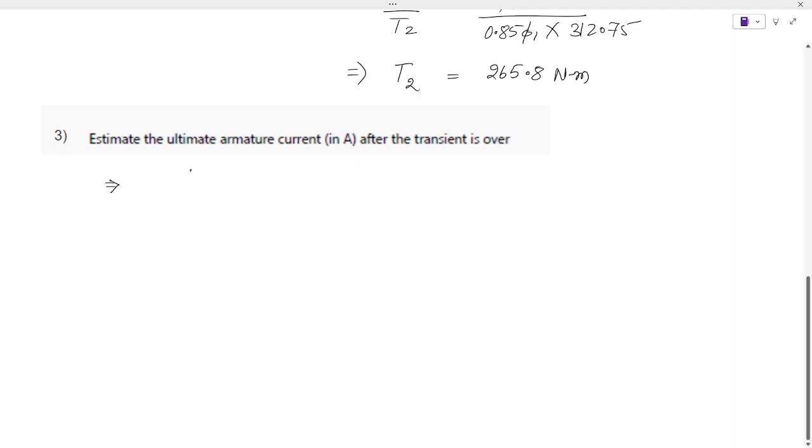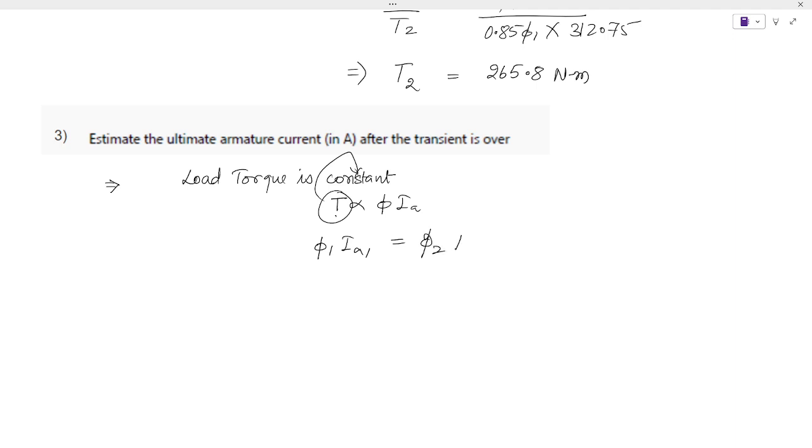Since they have given that load torque is constant, T is proportional to phi Ia. If torque is constant, then phi 1 Ia1 must be equal to phi 2 Ia2.